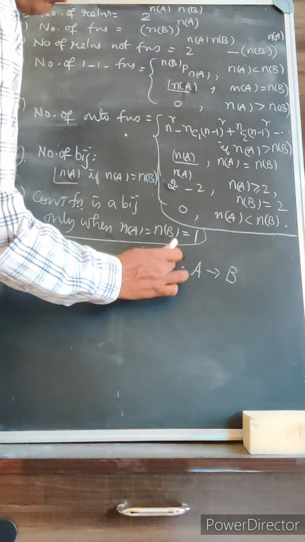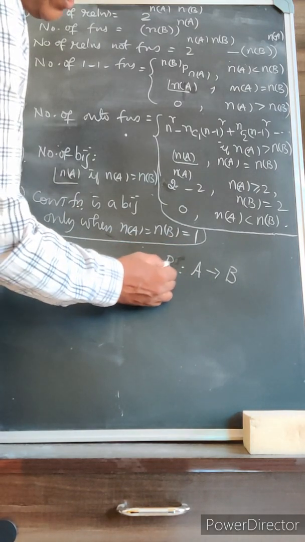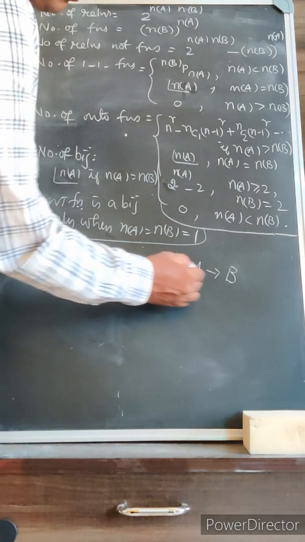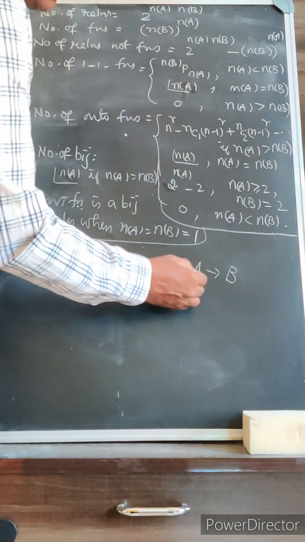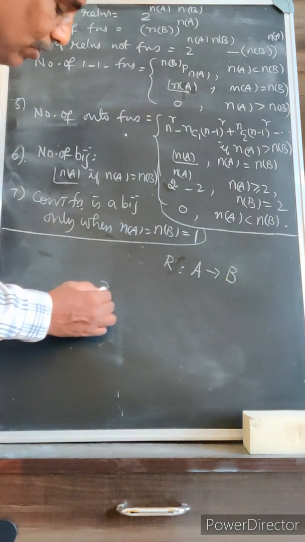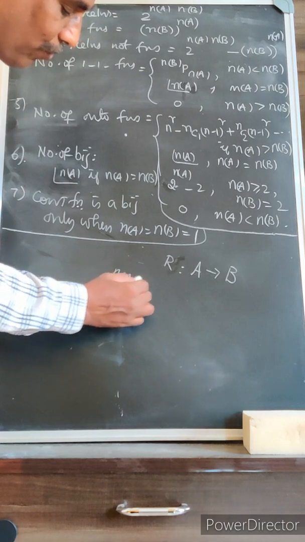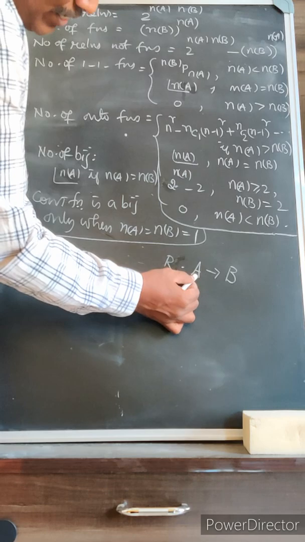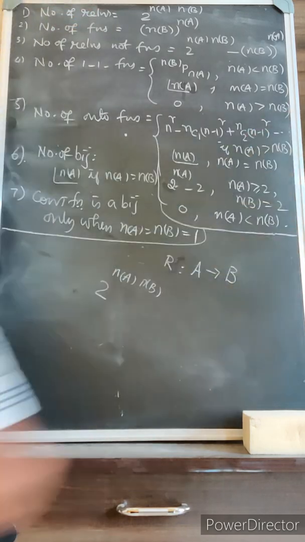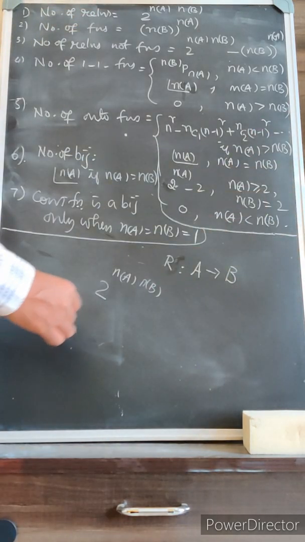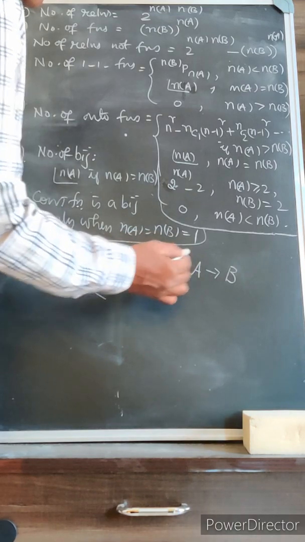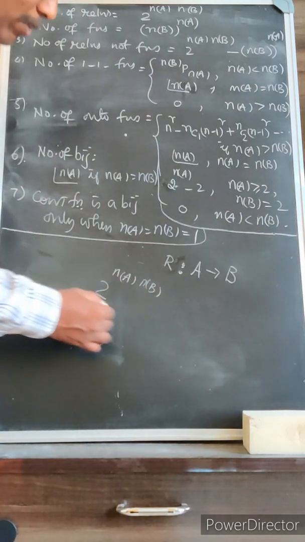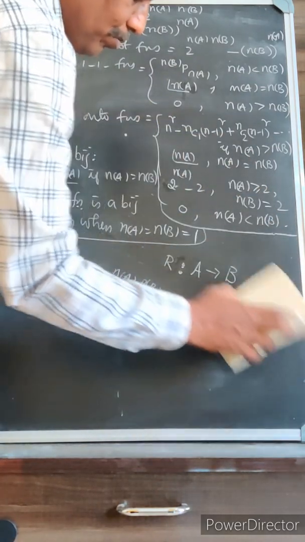The number of relations from set A to set B is taken as 2 to the power of n(A) into n(B). So the total number of relations from set A to set B is 2 to the power of n(A) into n(B). Remember this formula, total number of relations.